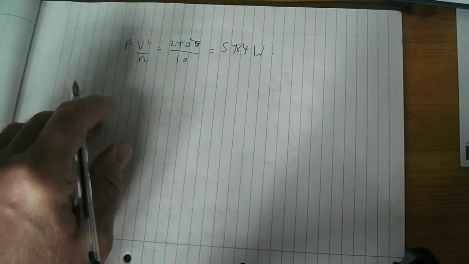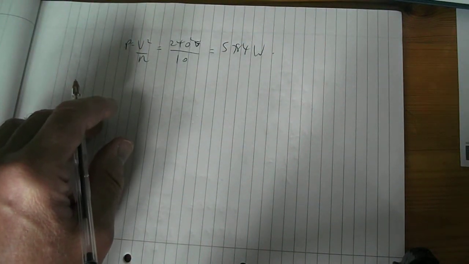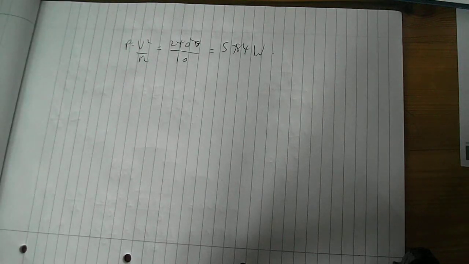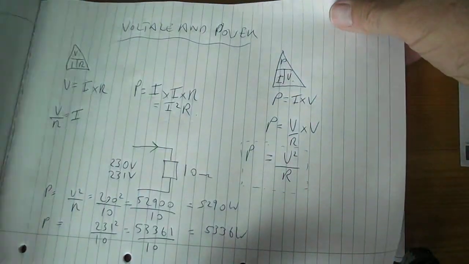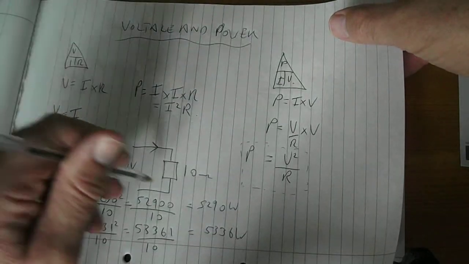Okay, so if I go up to say 240 volts now, P equals V squared over R. 240 squared divided by 10 becomes 5784 watts. And you can see from my original 230 volts, there's 5290 watts.